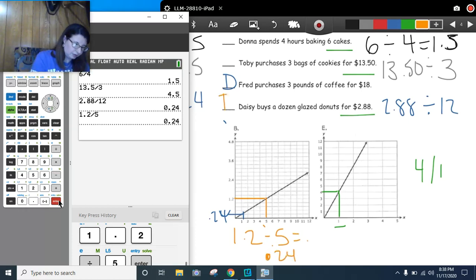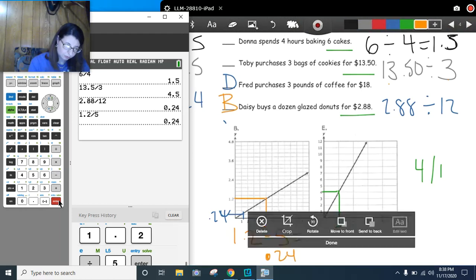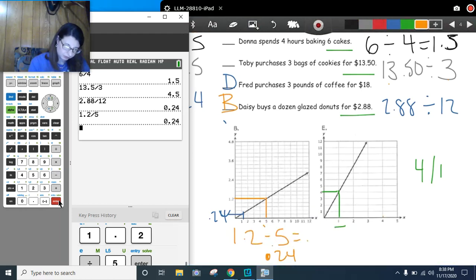So B goes here. So I need to figure out where this 4 and 1 comes from. So I took 1350 and divided by 3, and I got 4.5. 4.5, that's not up there.